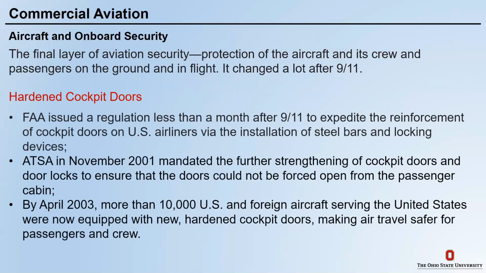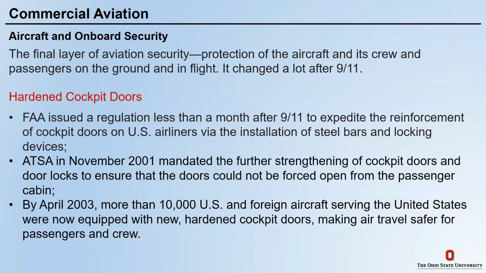Okay, so after 9/11, less than a month after 9/11, the FAA issued a regulation to expedite the reinforcement of cockpit doors on US airliners with the installation of steel bars and locking devices.